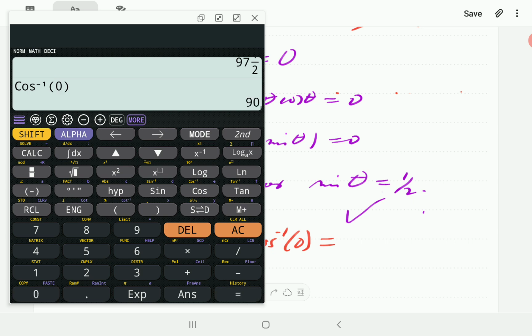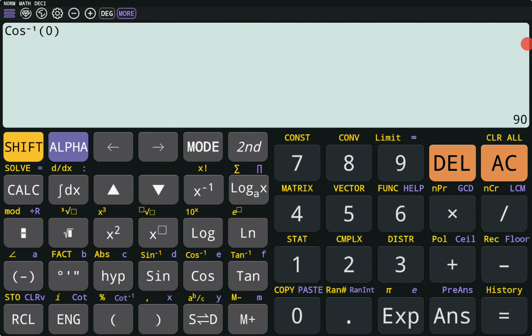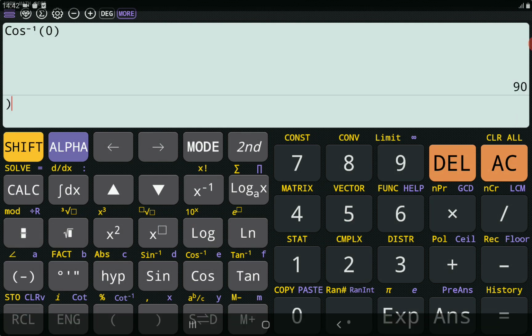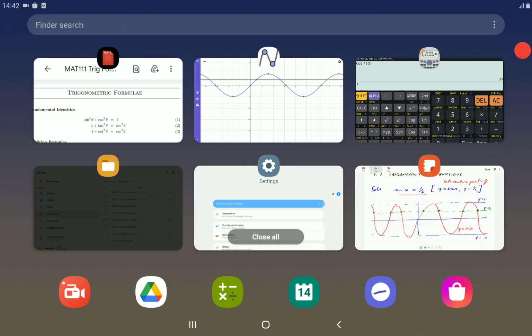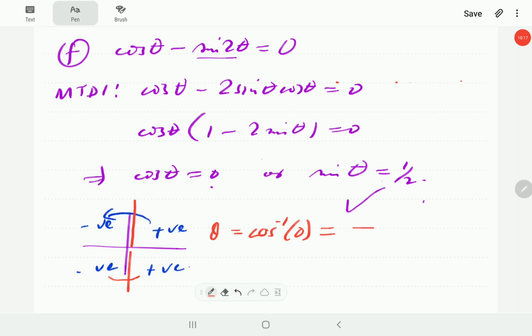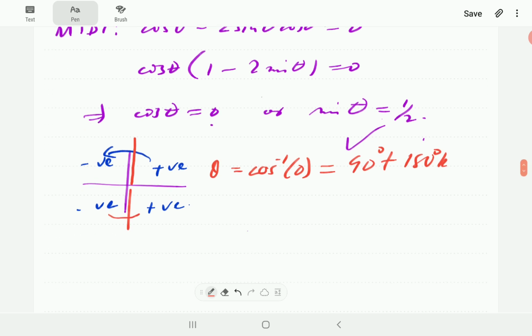Okay, so inverse cosine is 90, so that's giving us the 90, but since these are in a straight line, we can simply do 90 plus multiples of 180, and so in radians that is pi on 2 plus pi k.